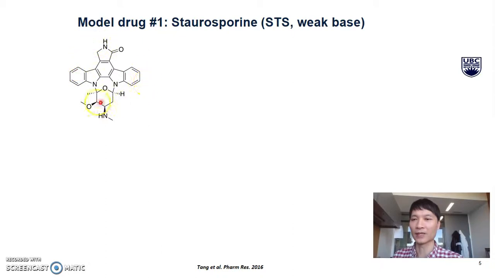You probably can appreciate that it's a very, very hydrophobic drug. The water solubility is less than 5 microgram per ml. But the good thing is that it has one ionizable group here that we can utilize to trap the drug inside the liposomes using pH gradient.